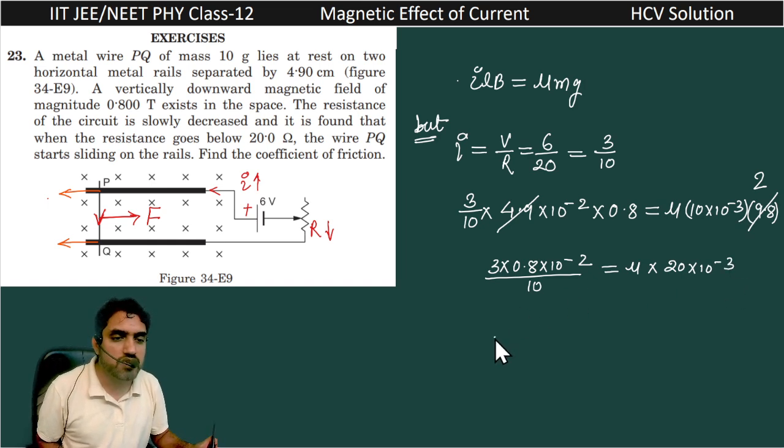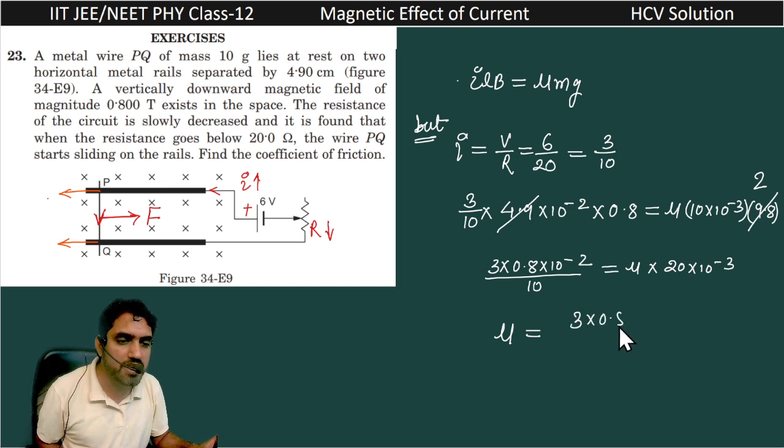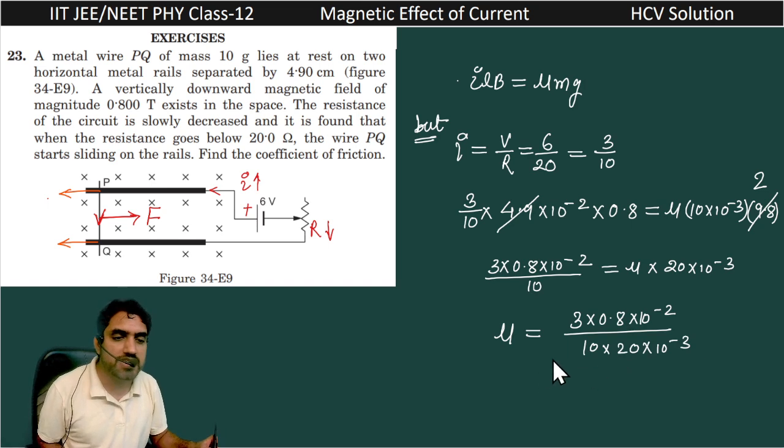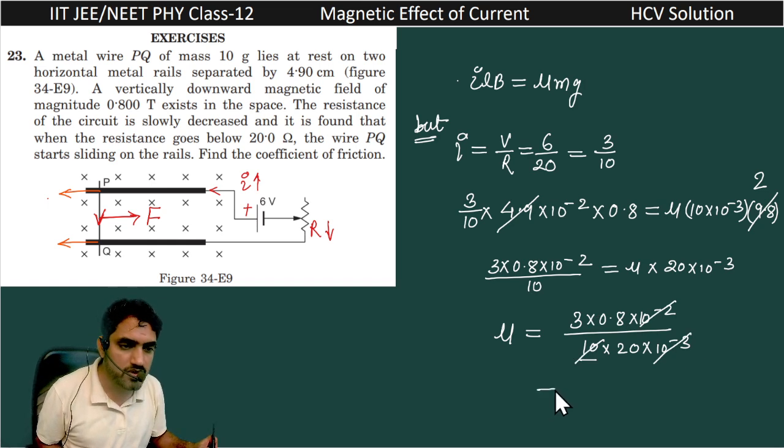So mu is equal to 3 into 0.8 into 10 raised to power minus 2 divided by 10 into 20 into 10 raised to power minus 3. So 10 into 10 raised to power minus 3 will become 10 raised to power minus 2, and the 10 raised to power minus 2 terms will cancel out. So we will get 3 into 0.8 divided by 20.